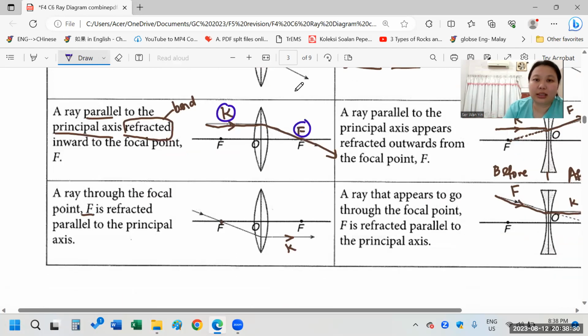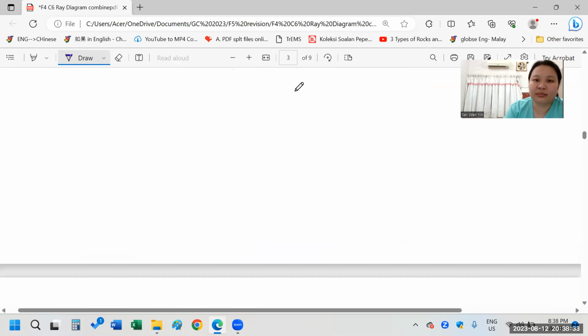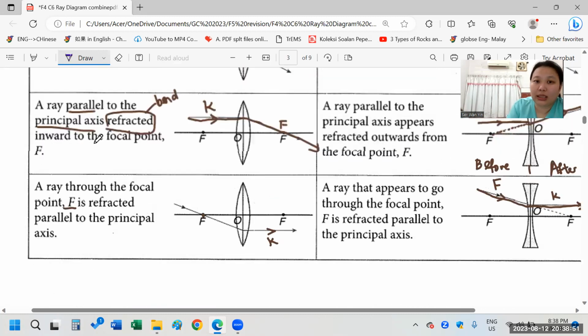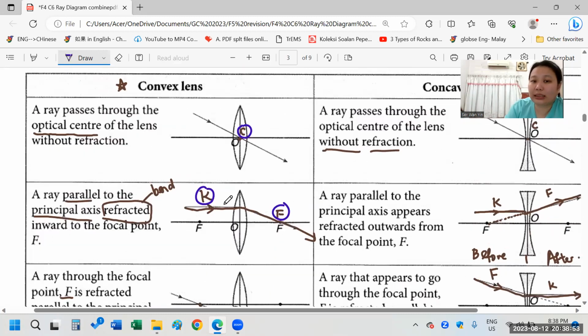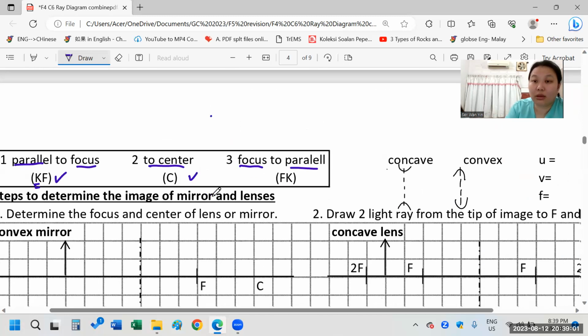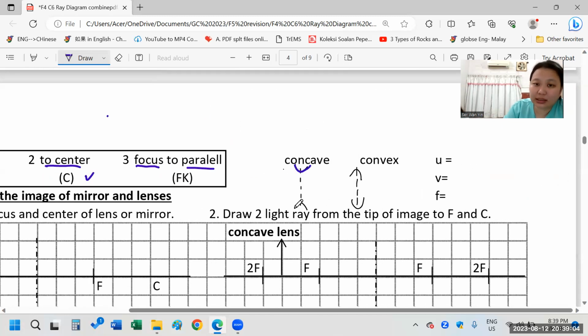Okay, now let's see KFC. K is parallel to the principal axis, then to the focus. F is directly to the focus first, then parallel. C is to the center. Parallel means K: the light ray that is parallel to the principal axis, we call it K. Now the concave lens is like this, the convex lens is like this.